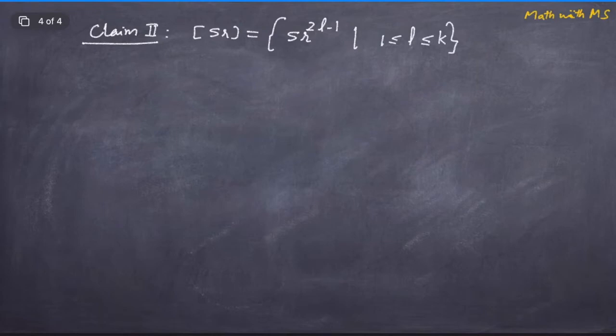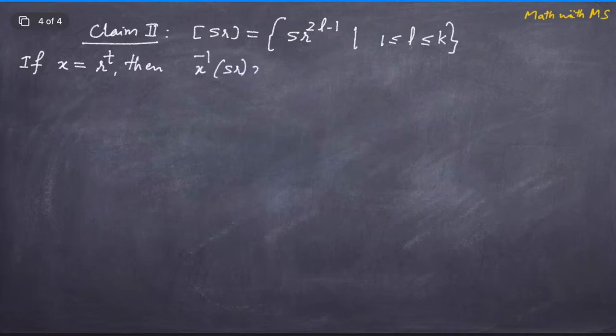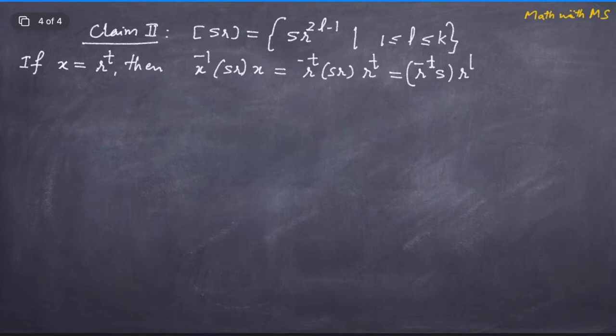Let us take a conjugate of SR. If x is just of the form R to the power t, then what is x inverse SR x? It is of the form R to the power minus t into S times R to the power t plus 1.